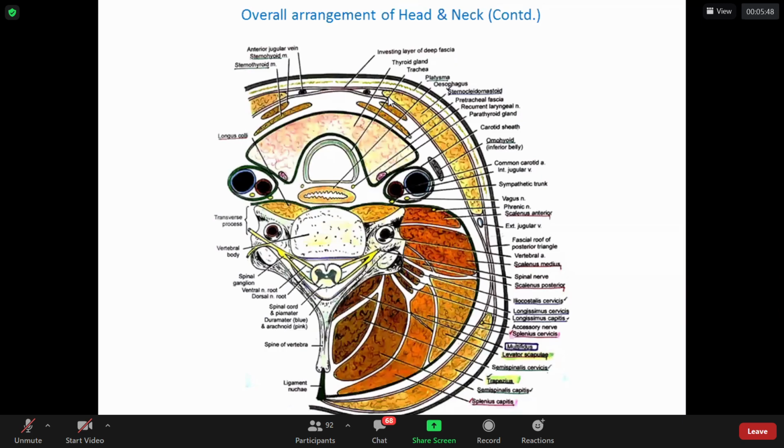That means it encloses two muscles, two glands, covers the floor of the two triangles, and makes two slings. That is why it's called the rule of two, I've told you. But let us now concentrate on the arrangement of the investing layer of the deep cervical fascia from the front.